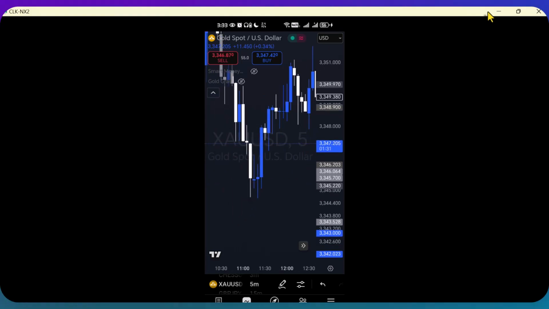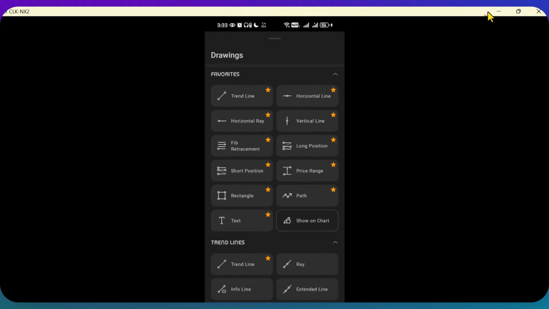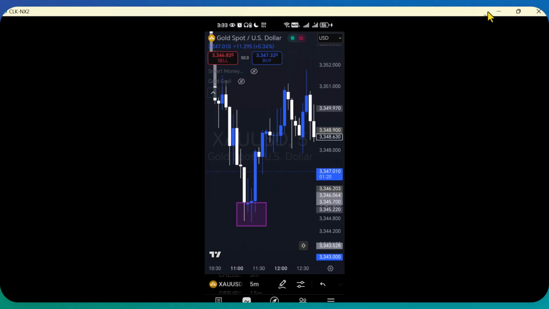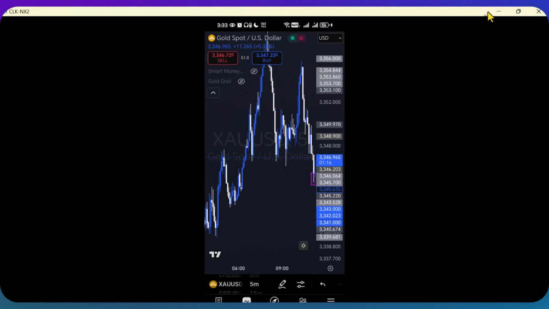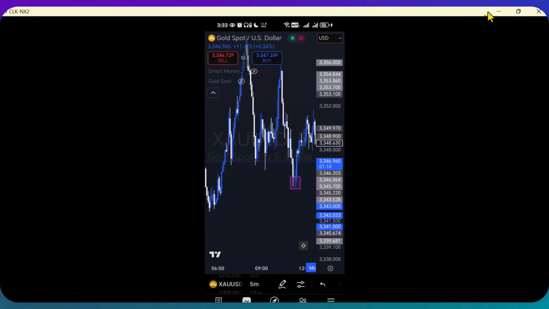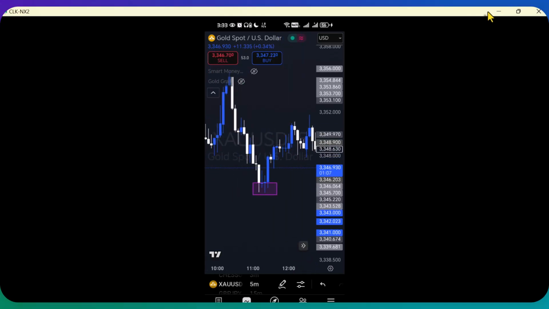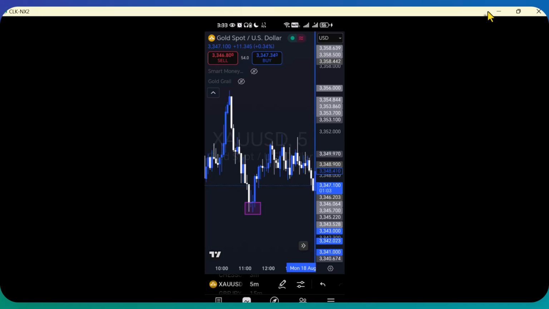You can see these are rejection zones. Let me draw it out. These are rejection zones, meaning the market is about to reverse. As you can see, when we reach there, I'll tell you what that means. So as you can see, that was a rejection, meaning the market is about to reverse. And what did it do? It actually reversed.